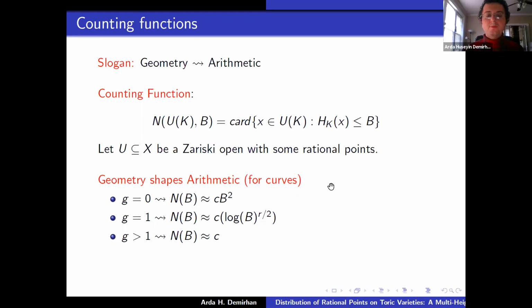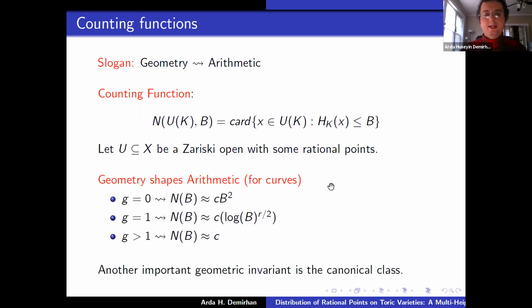And I can say that another important geometric invariant is the canonical class. There are several reasons that the canonical class is so useful as a geometric invariant. To name a few, it is very easy to compute, and there's the adjunction formula.